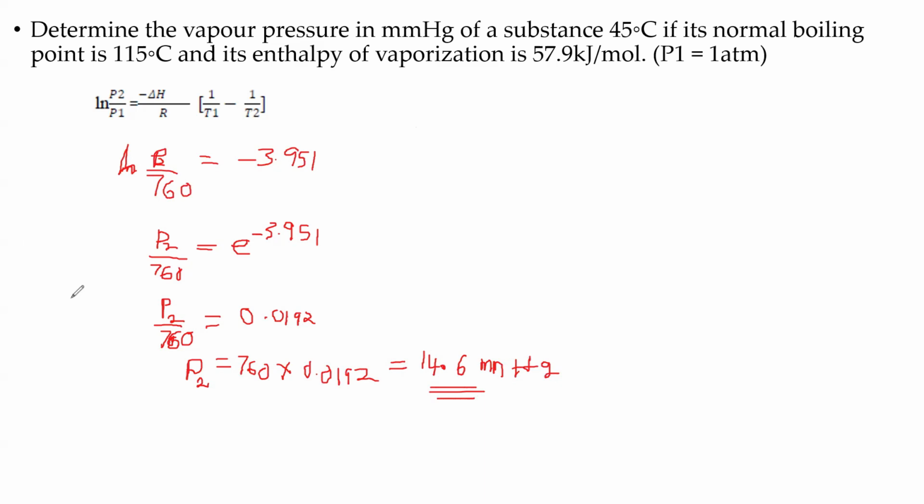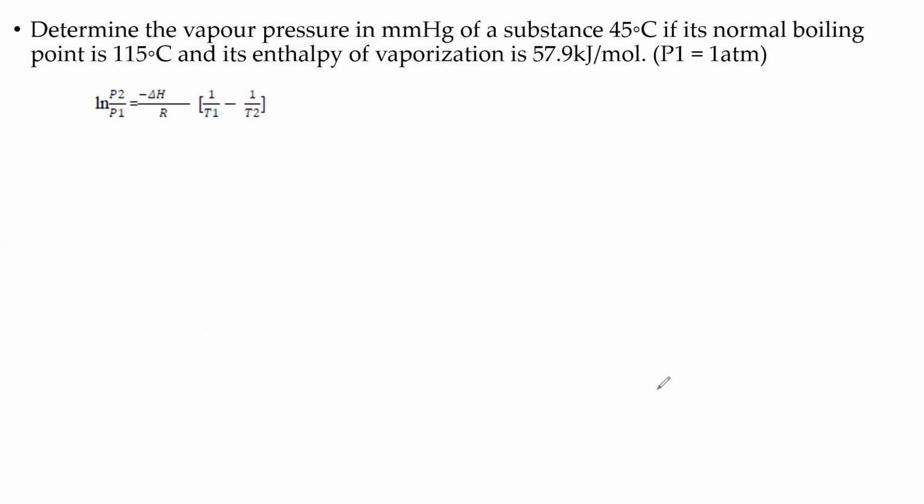Okay, so now let's look at another question. The vapor pressure of liquid chloroform is 53.1 kilopascal at 24.1 degrees centigrade, and 13.3 kilopascal at minus 6.3 degrees centigrade.